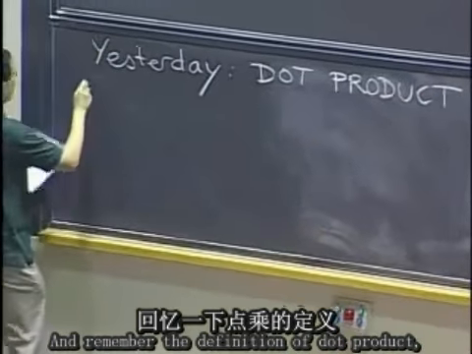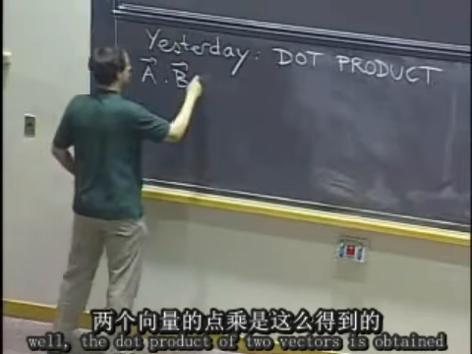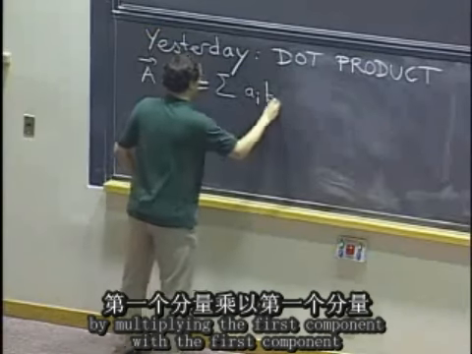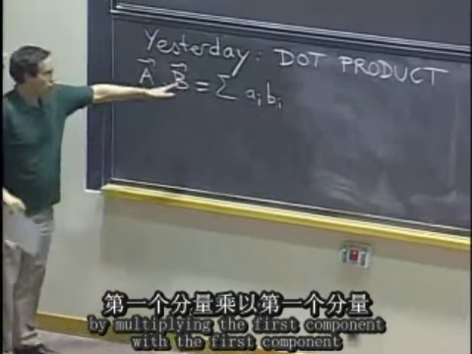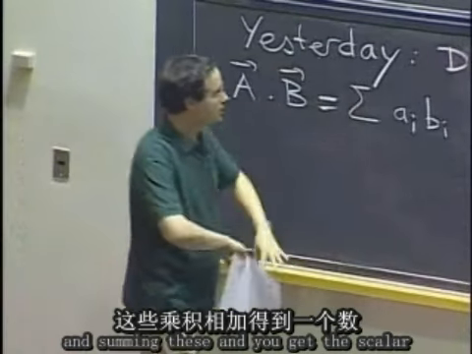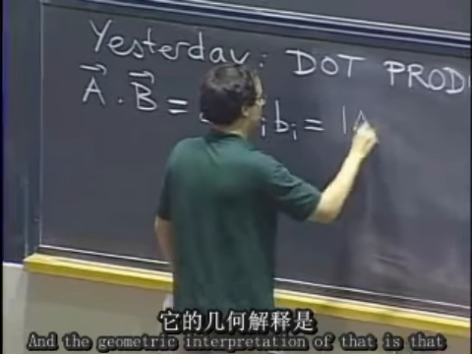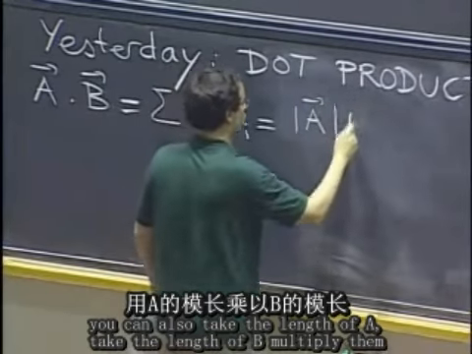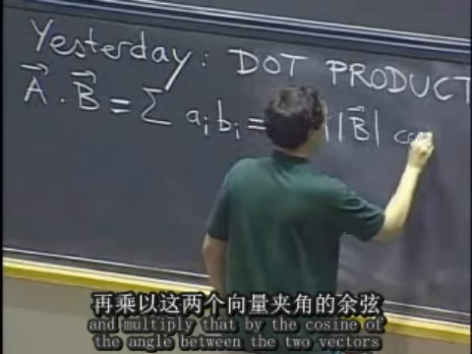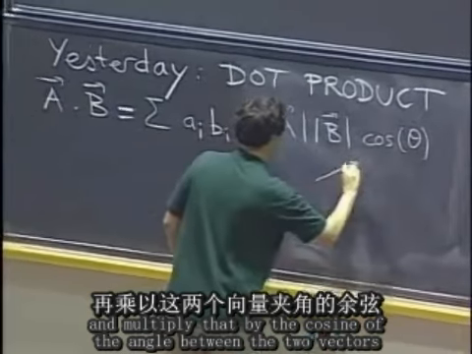Remember the definition: the dot product of two vectors is obtained by multiplying the first component with the first component, the second with the second, and so on, and summing these, and you get a scalar. The geometric interpretation is that you can also take the length of A, take the length of B, multiply them, and multiply that by the cosine of the angle between the two vectors.